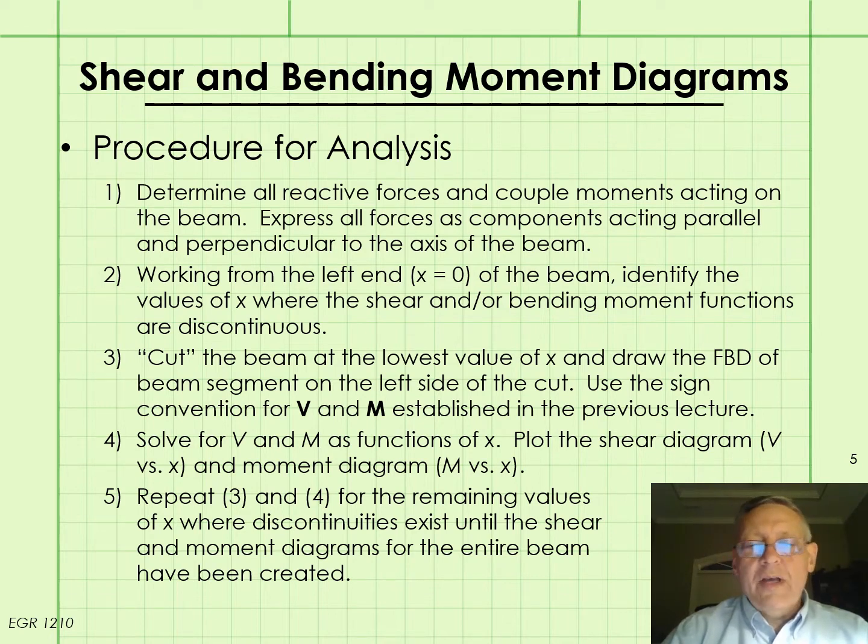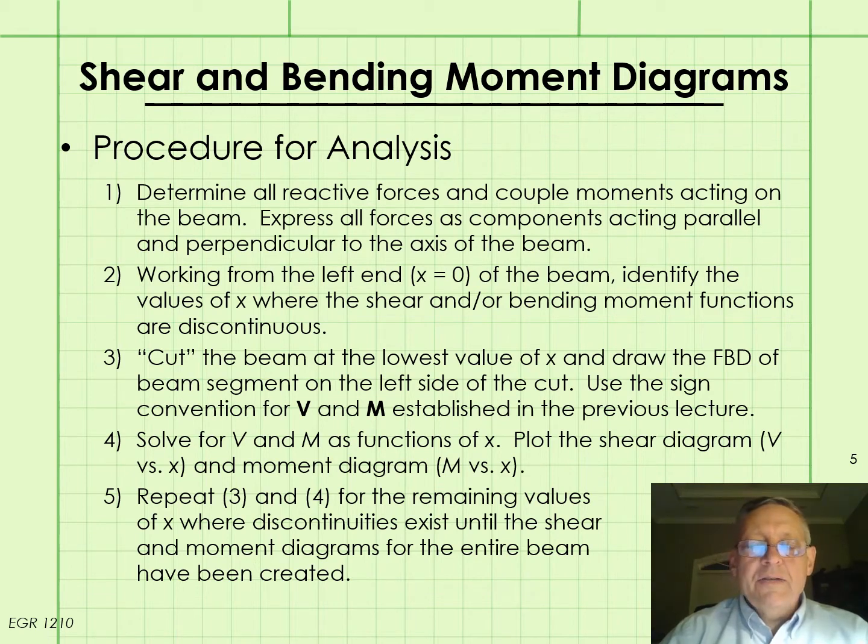For the third step, we'll cut the beam at the lowest value of X and draw the free body diagram of the beam segment on the left side of the cut. For the internal loading at the cut, we'll use the sign convention for shear and bending moment that we established in the previous lecture.